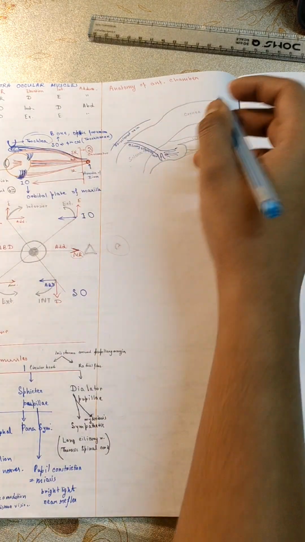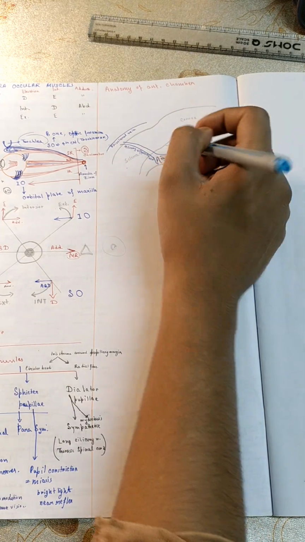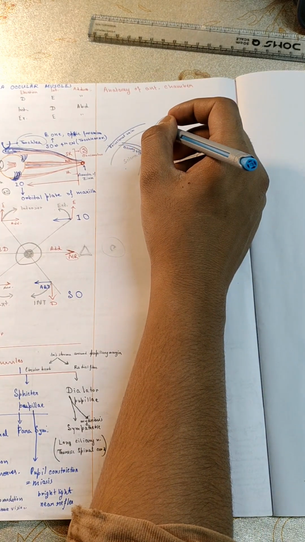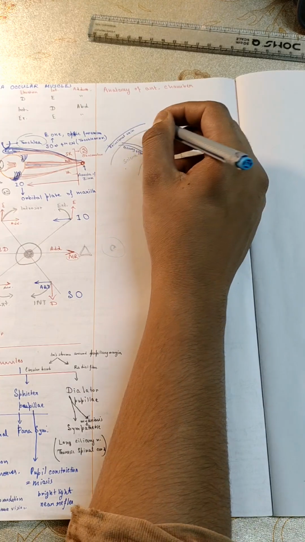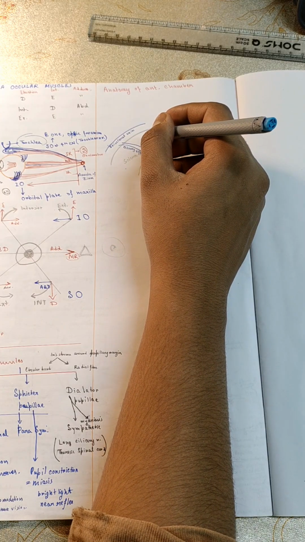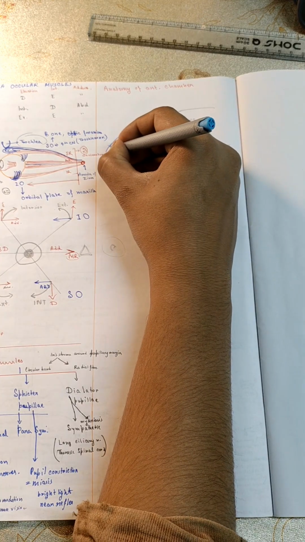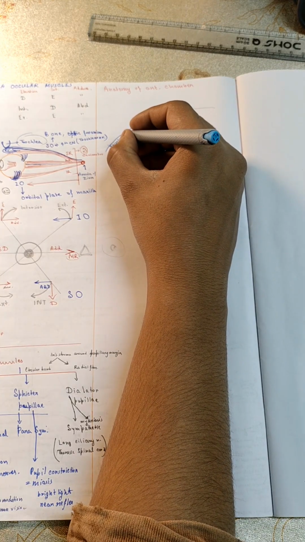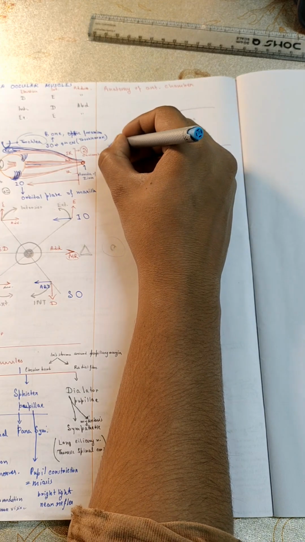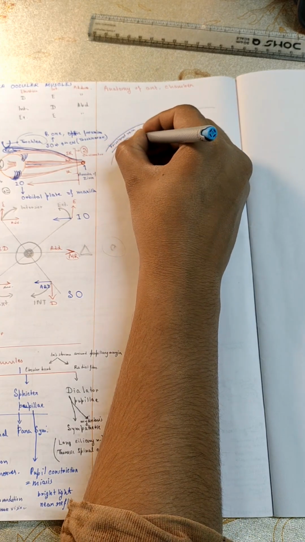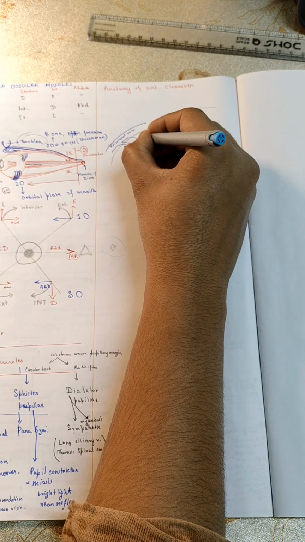Capillaries. Okay. Now this is coming like this. We have anterior ciliary vein as well. It is giving another branch here like this.